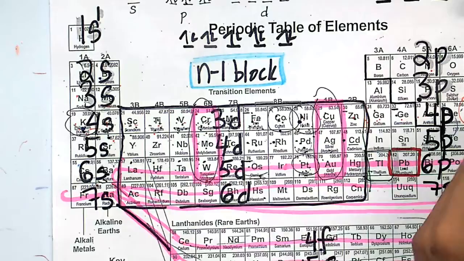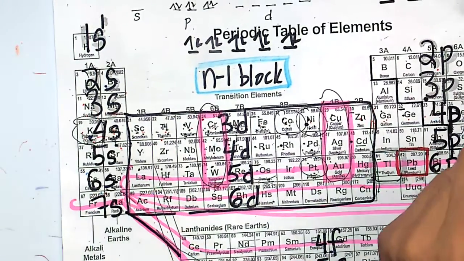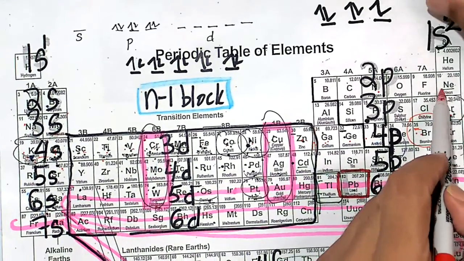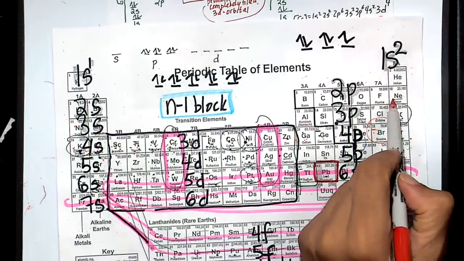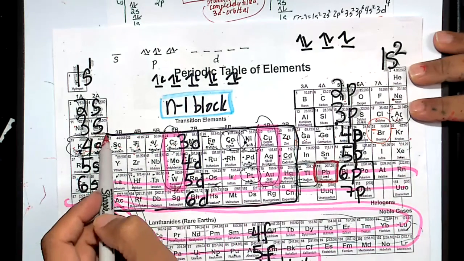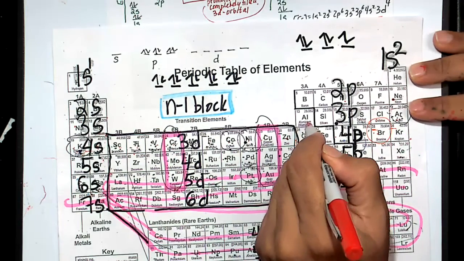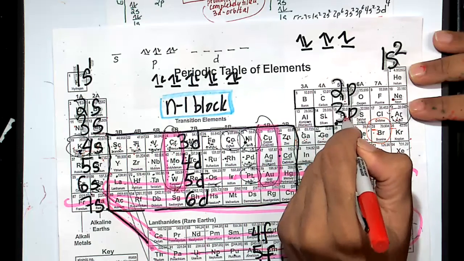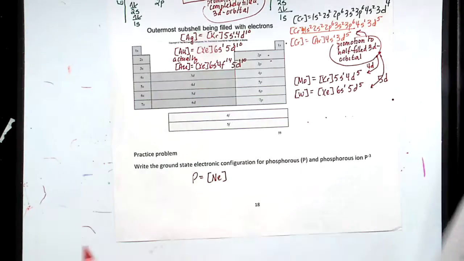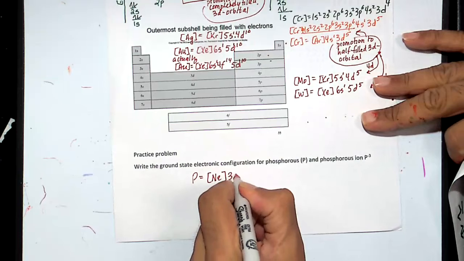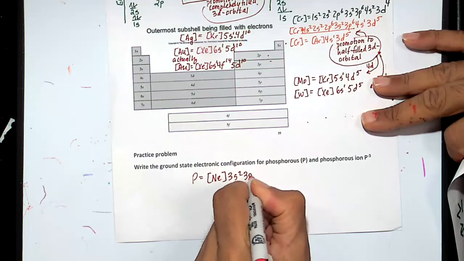After that, 5 more: 3s2, 3p1, 3p2, 3p3. So phosphorus is neon 3s2 3p3.